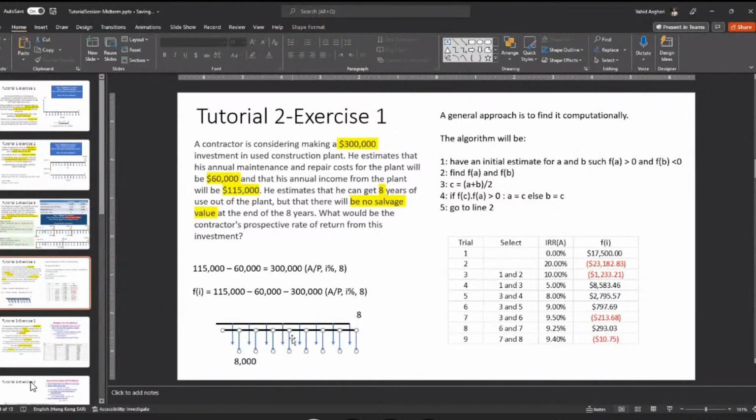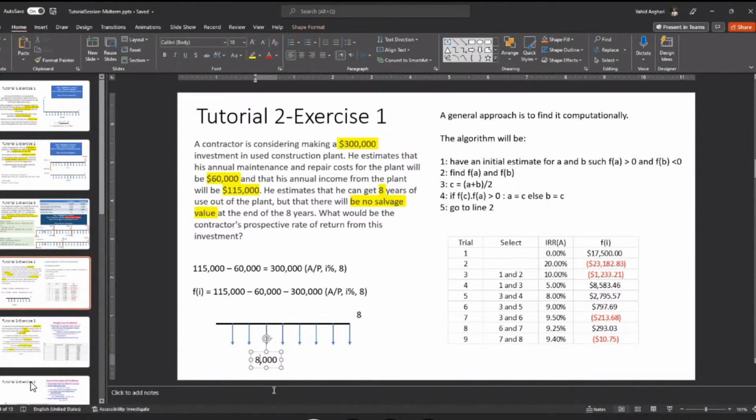No, apparently I cannot do it. So let's say that his annual income is about $115,000, but he has to spend about $60,000. It will be about $50,000, right? Right.